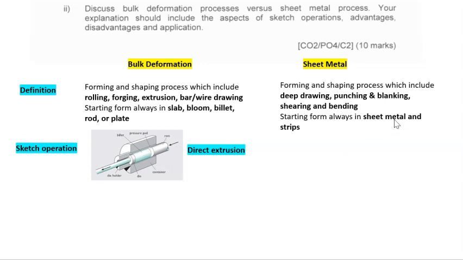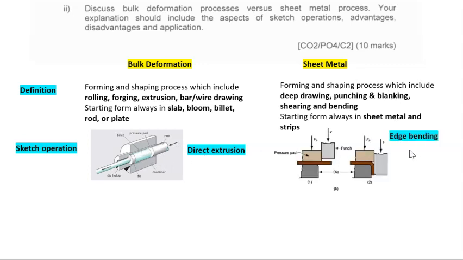For sheet metal, I choose edge bending. You can choose deep drawing or any other process that you're familiar with, and don't forget to label the important parts: the force, the punch, the pressure pad, and the die. I think this one is 1.2, this 1.3, and this 1.4.